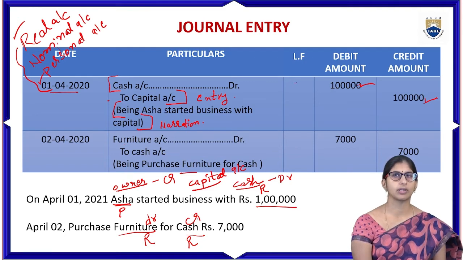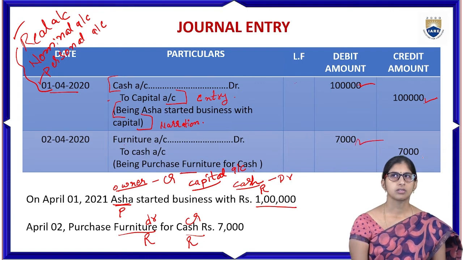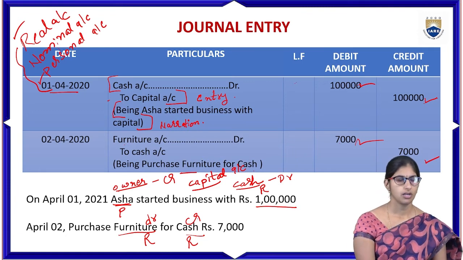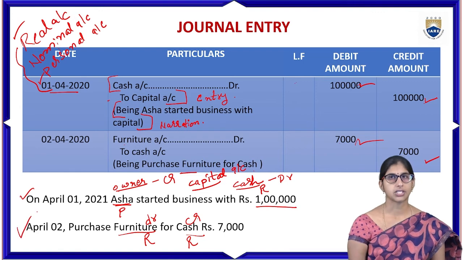Now we write a small description about the entry, that is purchased furniture for cash. In the debit and credit columns, we write the amount. So with this, we are done with 2 transactions.